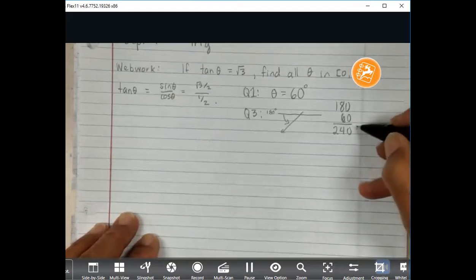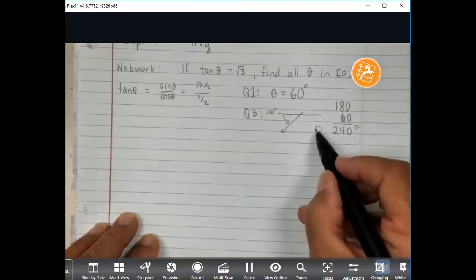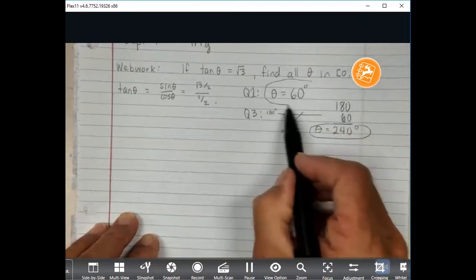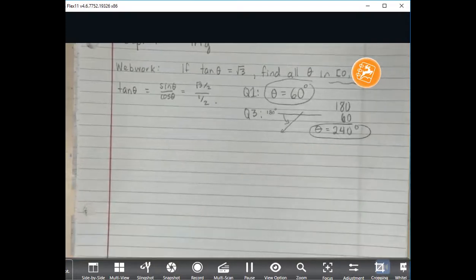So the next one is theta is equal to 240 degrees. So in one lap around the unit circle, you should get 2 angles that generate positive values and 2 that generate negative values. So that might be what you were missing on that problem. Is that okay?